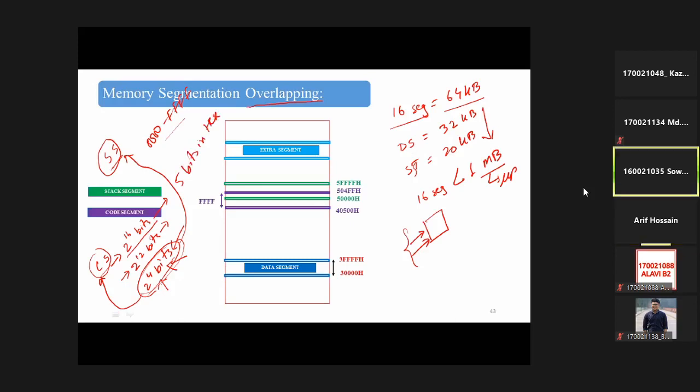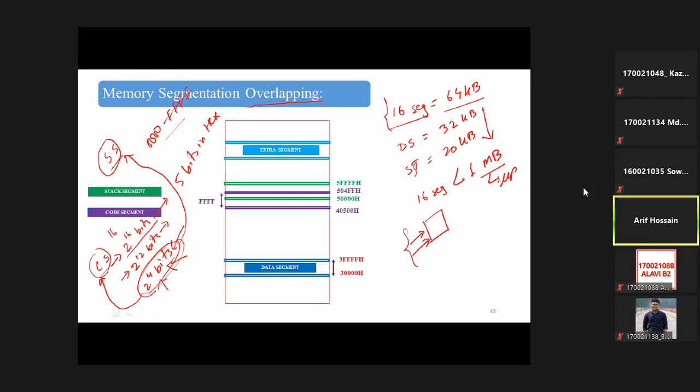Your address bus is 16 bit, it cannot be 17 bit. So there cannot be 2 to the power 17 bits for a particular segment. That was the initial problem. Why are we doing segmentation? To solve that particular problem, isn't it? So that's why I said that there can be a minimum of 16 segments.